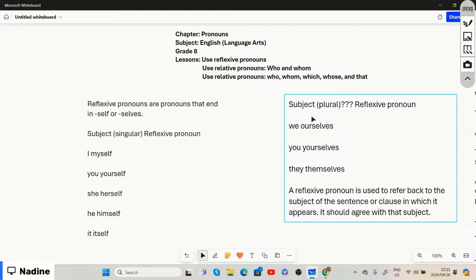If I say she, it should refer back to herself, and so on, right? It should not refer to someone else. Once it refers to someone else, then yes, it's a pronoun, but it's a different pronoun, right? But a reflexive pronoun refers back to the subject of the sentence or the subject of the clause in which it appears. It should agree with the subject.